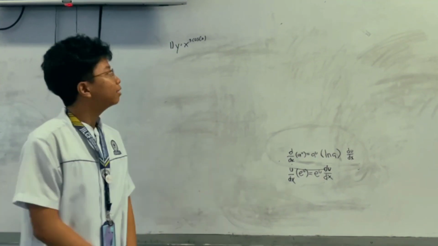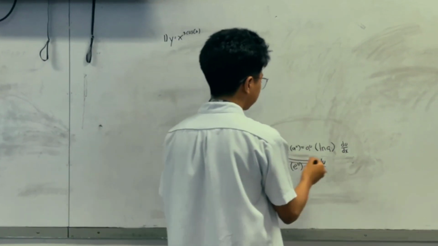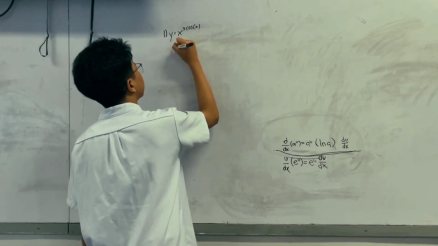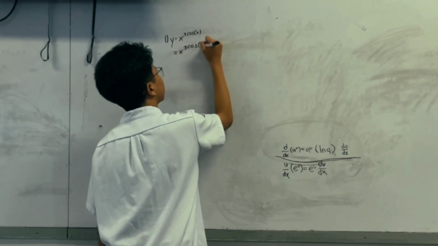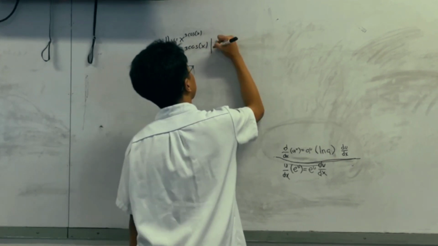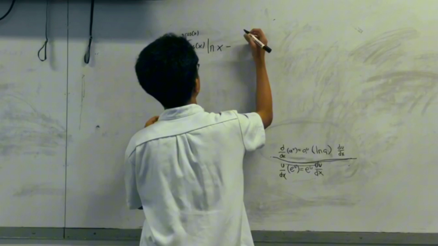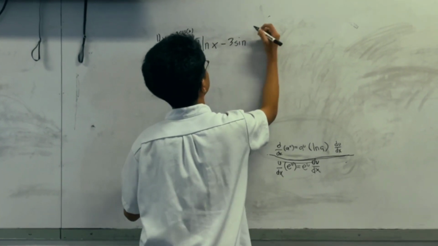So, the given is this, and the formula we're going to use is this. We just copy x raised to 3 cosine x. And then the ln, then our a, which is x. And then the derivative of 3 cosine x, which is negative 3 sine x.